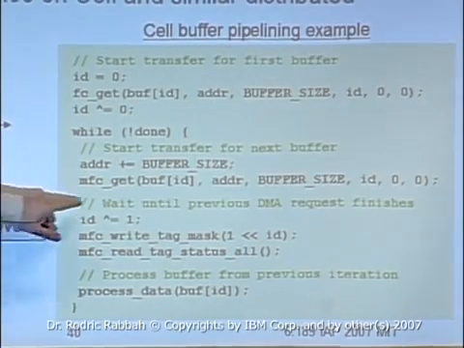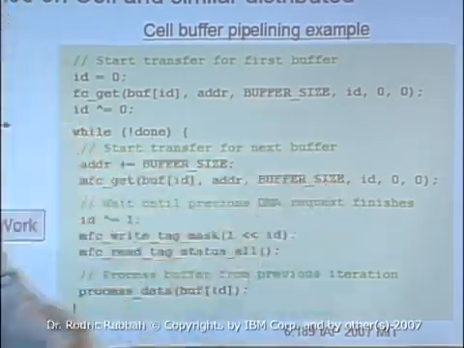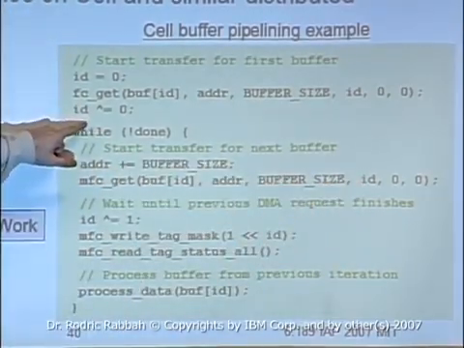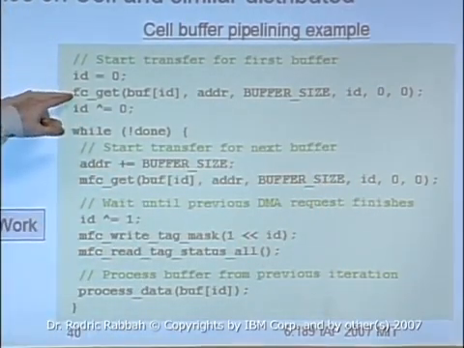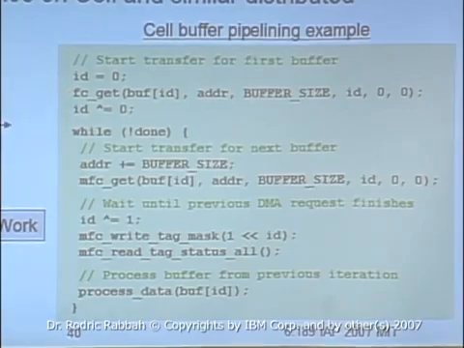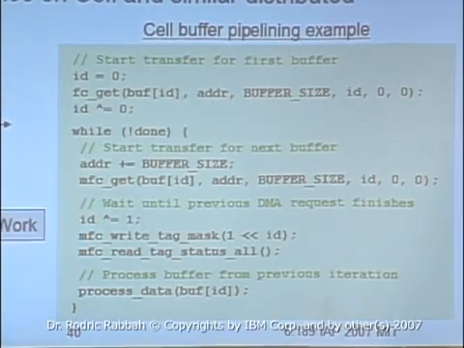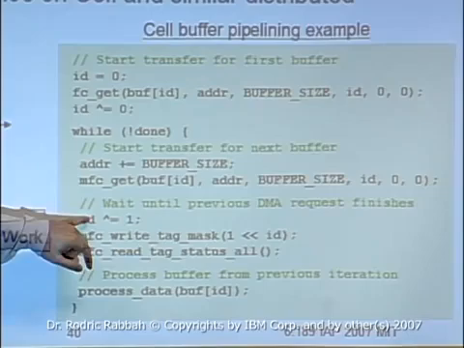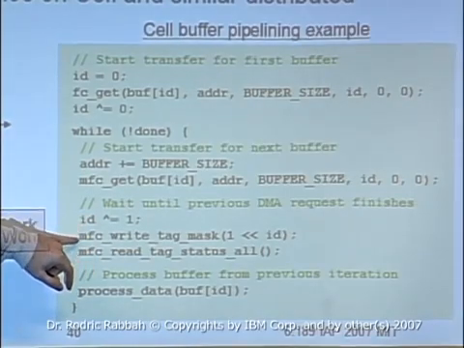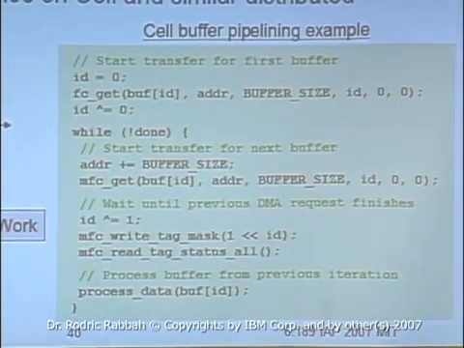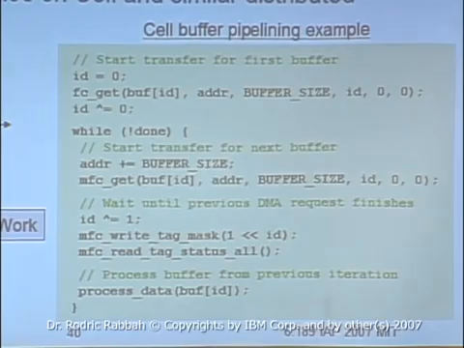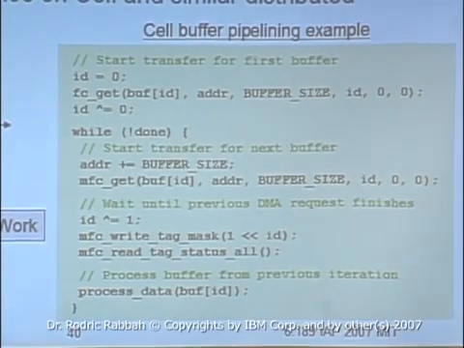I'm going to fetch data into a different buffer, right? This is ID, where I've already flipped a bit once. So this get is going to write data into buffer 0, and this get is going to write data into buffer 1. I flipped a bit again, so now I'm going to issue a wait instruction that says, is the data from buffer 0 ready? And if it is, then I can go on and actually do my work.